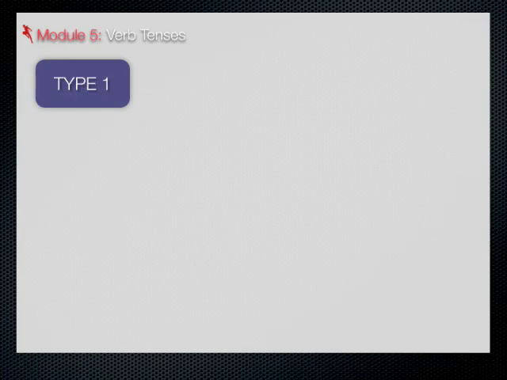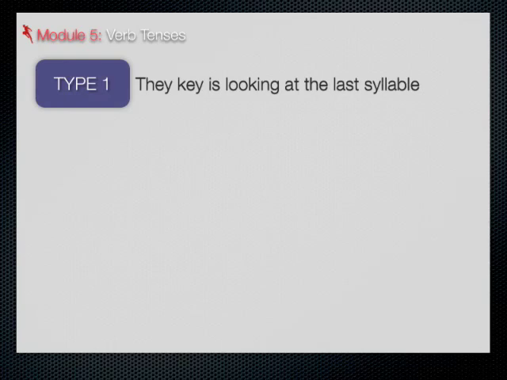But let's start with type 1 verbs. The key to conjugating type 1 verbs into their te form and ta form is looking at the last letter or last syllable of the word. Type 1 verbs are definitely the most difficult to conjugate into their te form and ta form because there are different rules depending on what that last letter or syllable is.